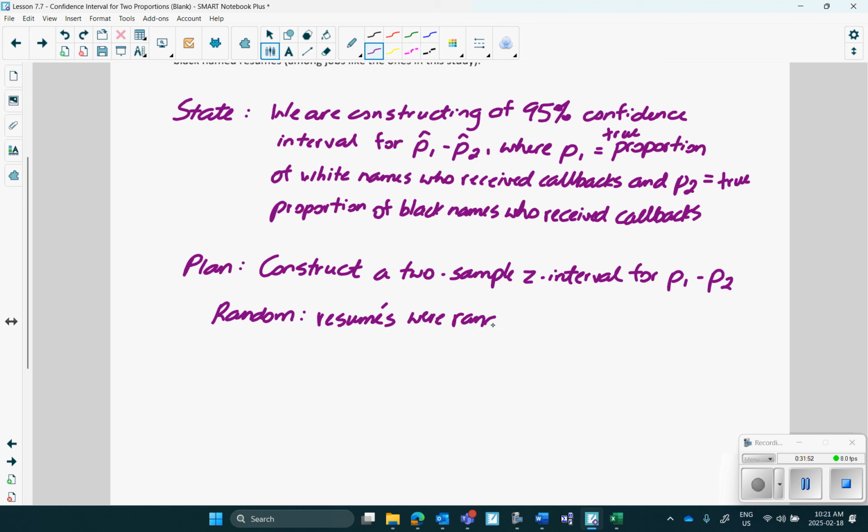It was an experiment. So they were randomly assigned a white name or a black name, and then they were sent out. It wasn't the employers who were randomly assigned.